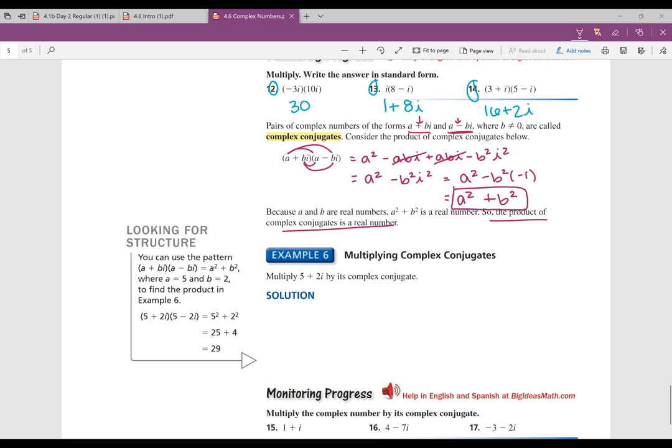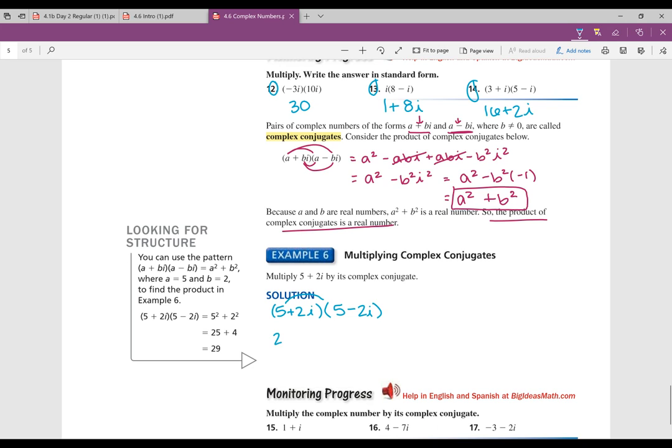Okay, so let's do an example with a complex number. We have 5 plus 2i, and we want to multiply by its complex conjugate. It's going to be the same, except it's going to be minus. So we have 5 minus 2i. And now you can do this two ways. We can distribute, or we can use the pattern. First we're going to distribute.